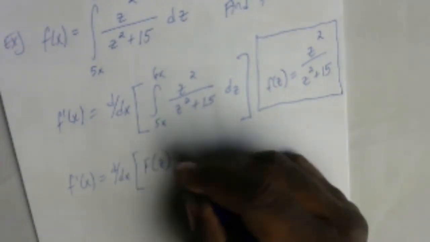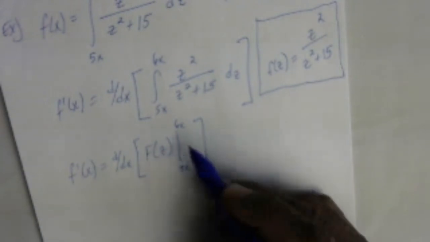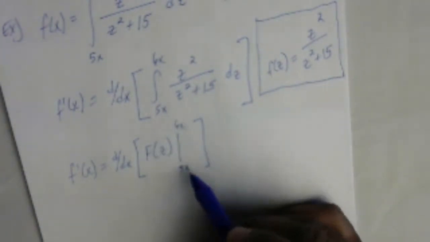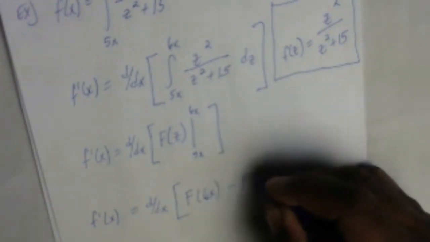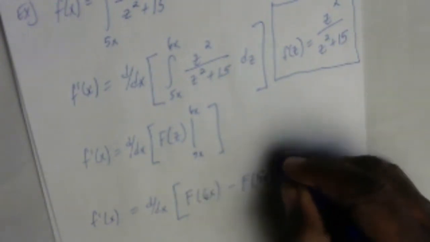So this simply becomes capital F of z from 5x to 6x. I'll use the fundamental theorem of calculus. So that's capital F of 6x minus capital F of 5x.